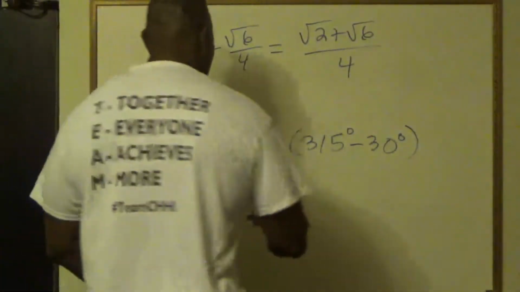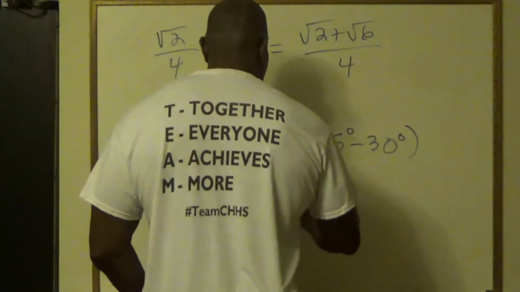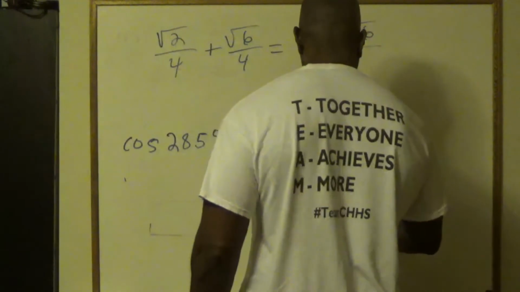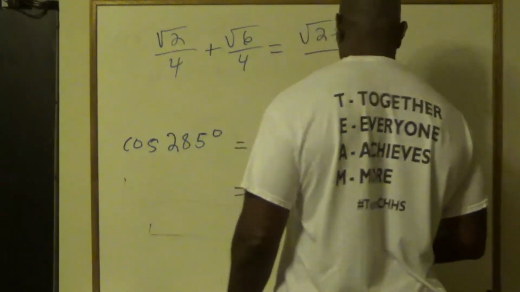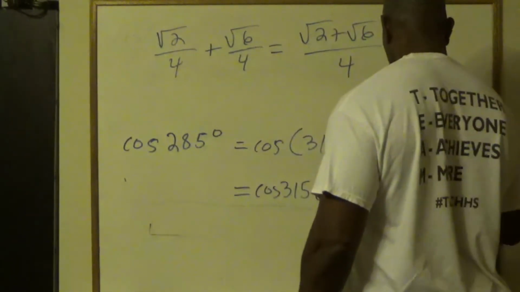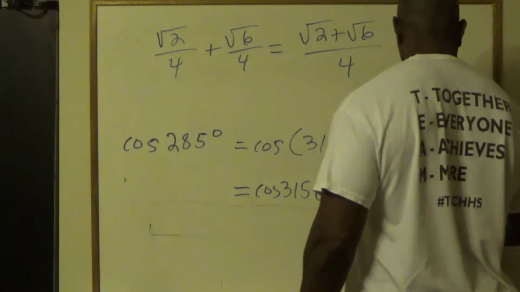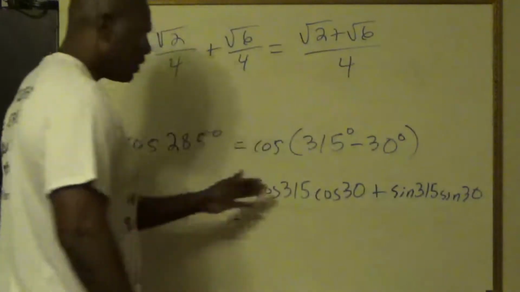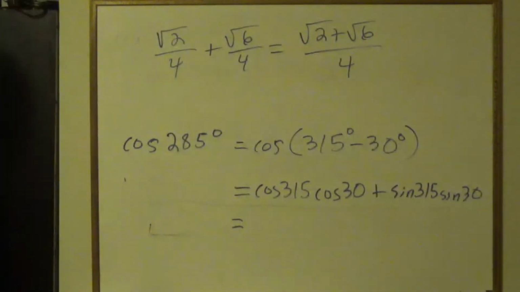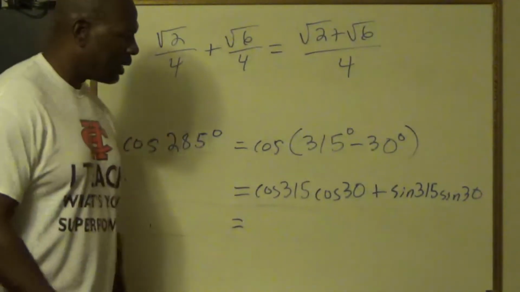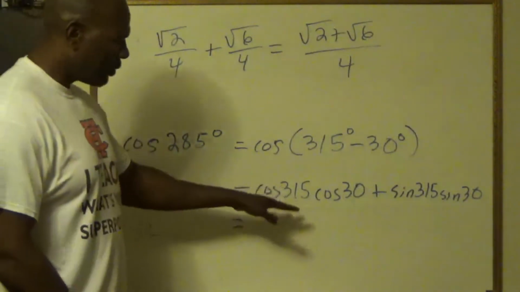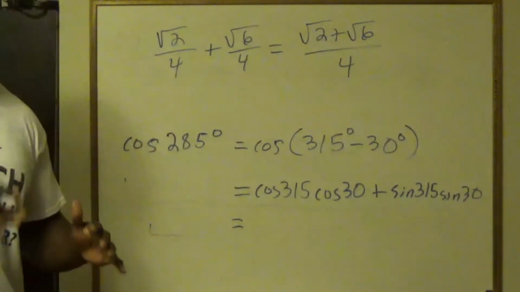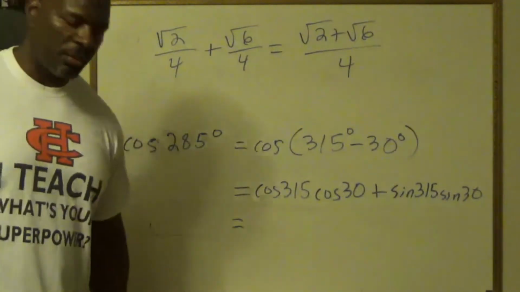So this will be cosine 315 times cosine 30 plus sine 315 times sine 30. And again, we'll just plug in the values and simplify. And because we have this angle 315 that's not in quadrant 1, we're going to be very careful about the sign, positive, negative, of the numbers we get from 315.